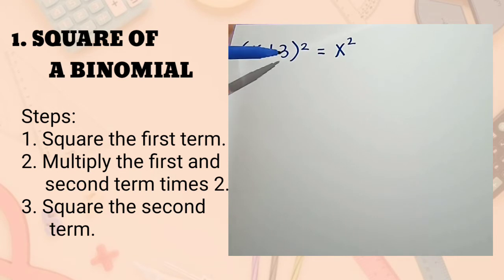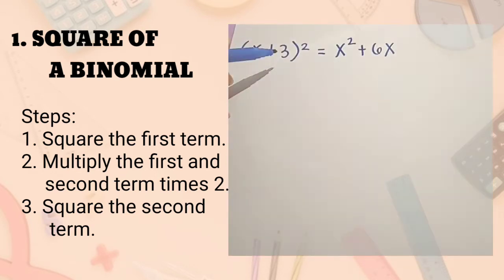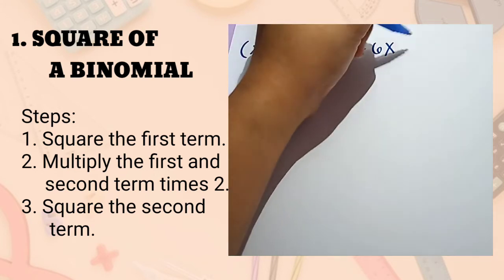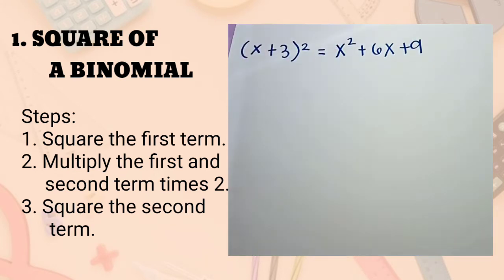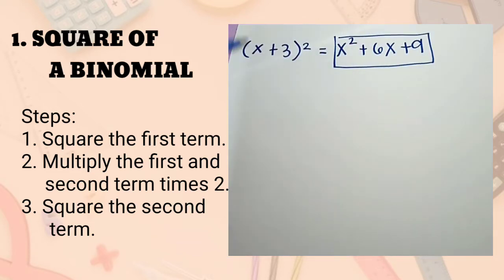So, x times 3 ay 3x, then times 2 ay positive 6x. Sa third step ay i-square natin yung second term na 3. So, 3 squared or 3 times 3 ay equals to positive 9. Therefore, ito yung ating answer.